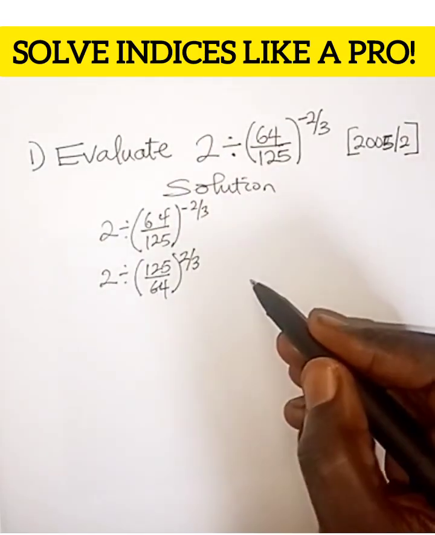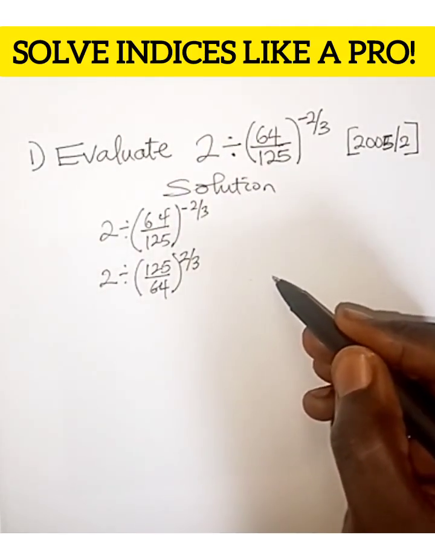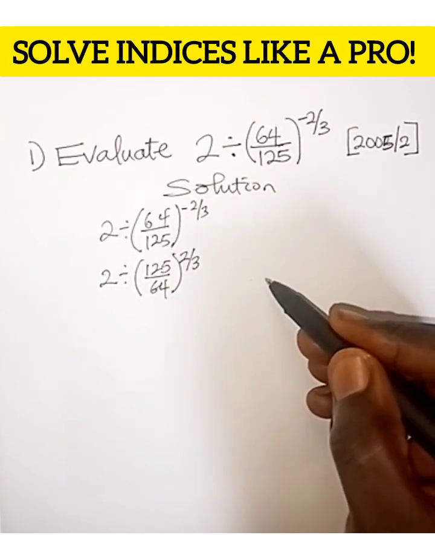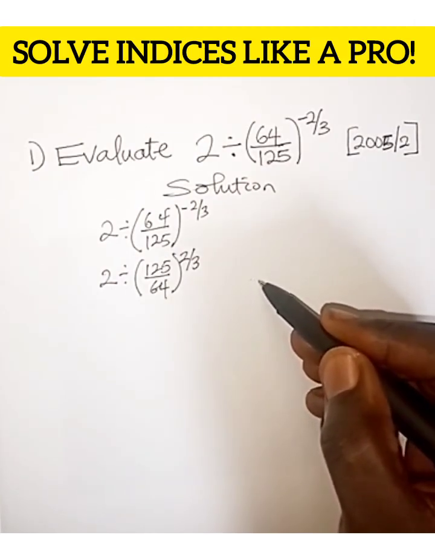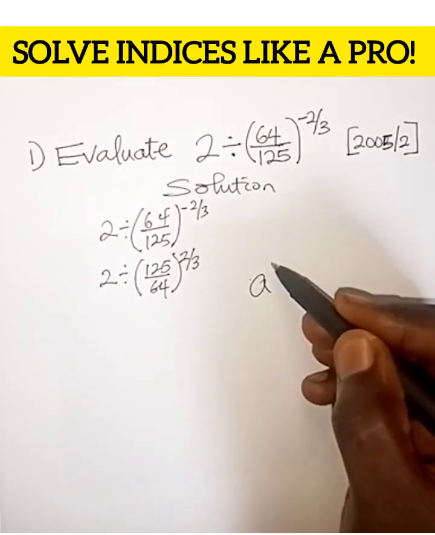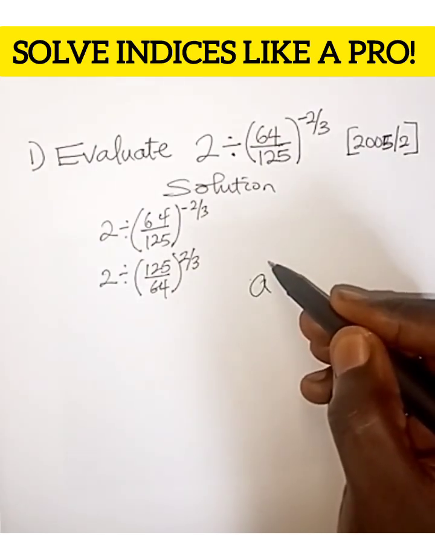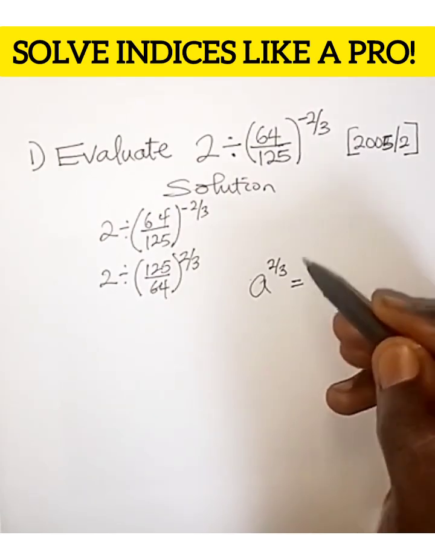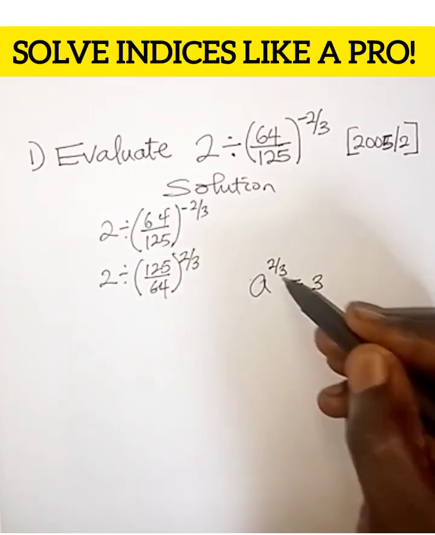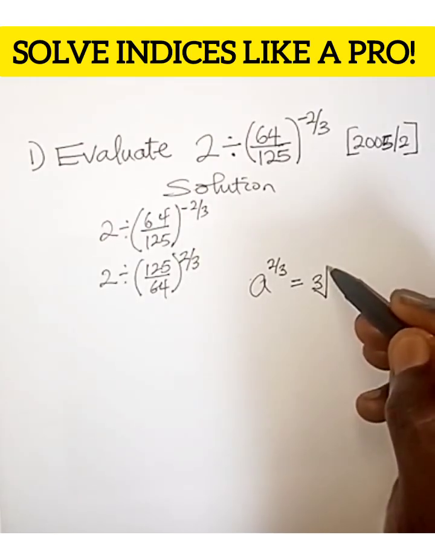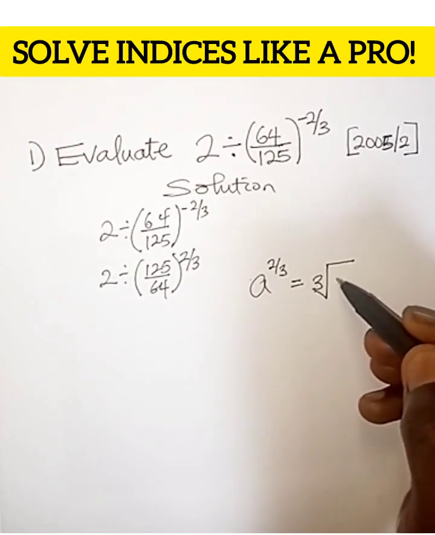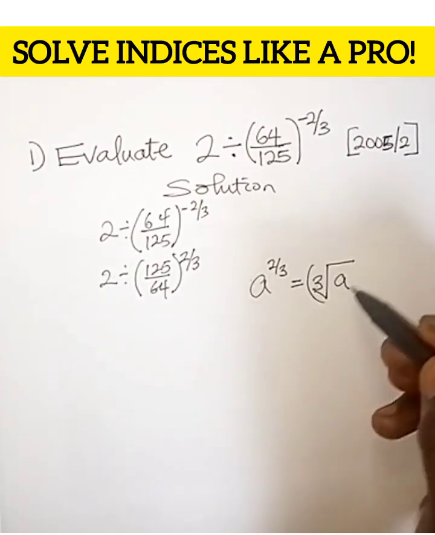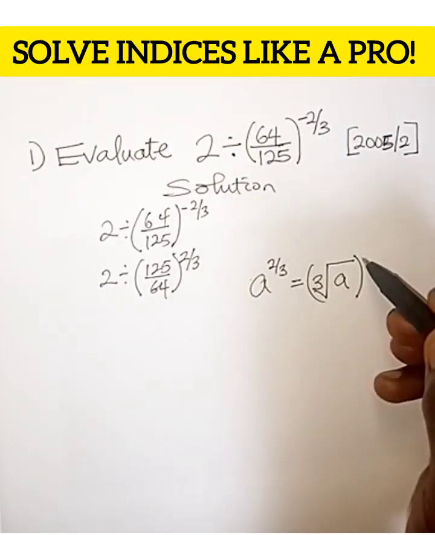From the laws of indices, where we have the power root, if you have a raised to the power 2 over 3, it actually means the cube root. You take the cube root of whatever you have, and then everything raised to the numerator of the power, which is 2.